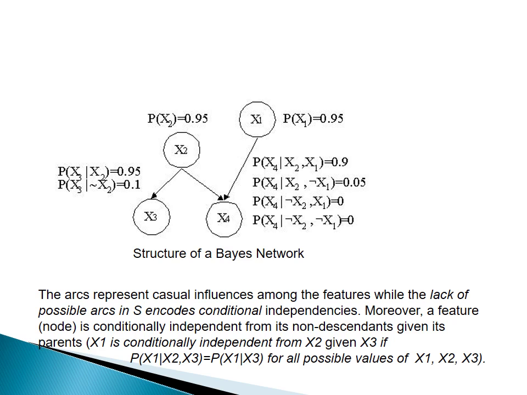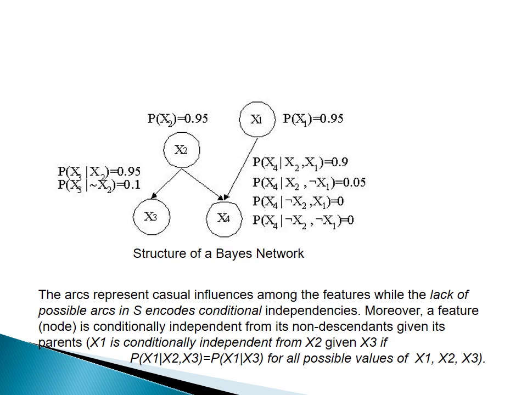So here P of x1 is 0.95, P of x2 is 0.95 again. So the probability is less than 1, it is between 0 and 1. x3 and x4 also have probabilities mentioned. By seeing that, what we are concluding is that the arcs represent causal influences among the features, while the lack of possible arcs in S encodes conditional independences.